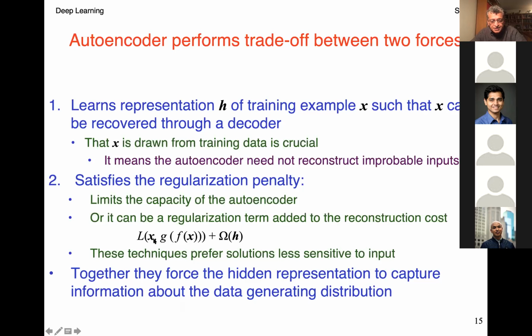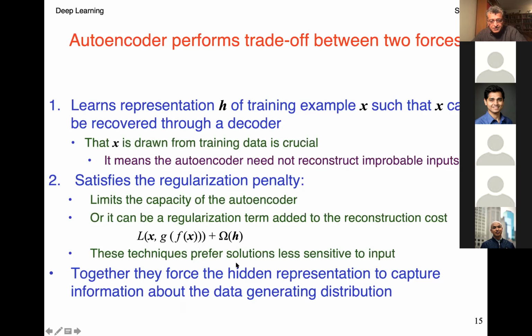What is the loss function? It is comparing x to g of f of x. F of x is the encoding, g of f of x is the decoding. And so the decoded x should be as similar to x as possible according to the loss function. But this one is a regularizer that says, wait a minute, the representation you use cannot be arbitrary.